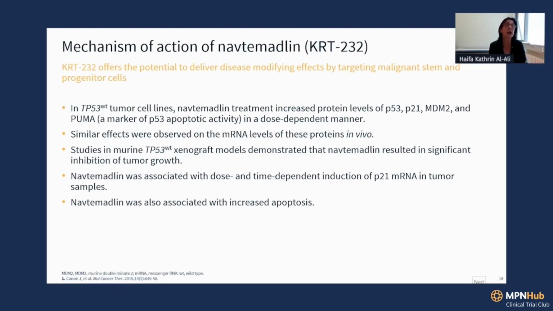So, taken together, the use of Navtemadlin will lead to cell death by restoring the p53 function, which will induce the intrinsic mitochondrial apoptotic pathway and stop the growth of tumor cells.